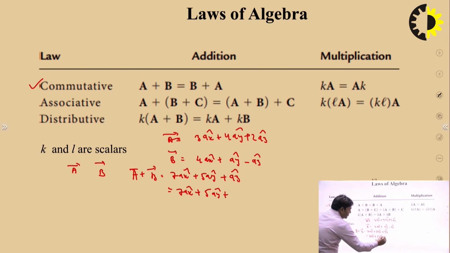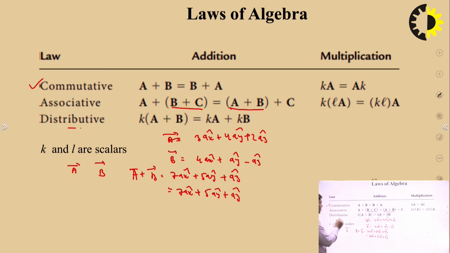By using this explanation, we can easily say that the laws of algebra for vector quantities obey the commutative law. Similarly, the associative law is a plus b plus c, equal to a plus b plus c. That is, if we add two vectors first and then add another vector, the answer should be the same.